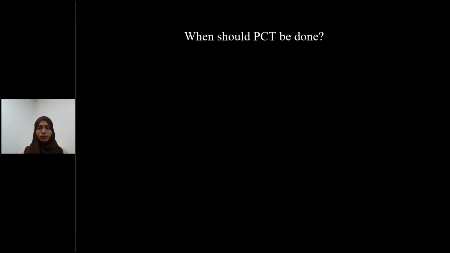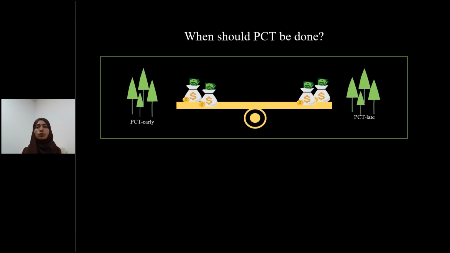But in our case, for Norway spruce, in 3 sites out of 4, we found almost no difference of timing on the land expectation value or profitability. The reason could be that we got higher income from thinning in PCT late, and also in PCT early, we had to do understory vegetation cleaning, which is also very expensive. So that might compensate and end up with almost no effect of timing.